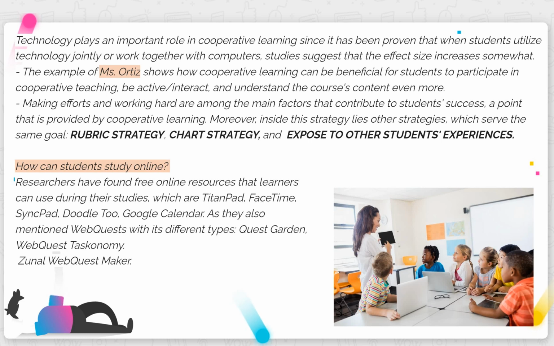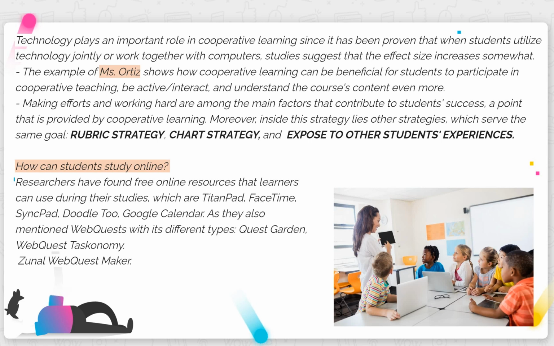A lot of students think that in order to succeed and not fail, you just need to revise and that's it. No, you need to make effort and work hard. This is the main point that is provided by cooperative learning. Moreover, inside this strategy, cooperative learning, lies other strategies that a teacher can use in order to obtain the same goal.